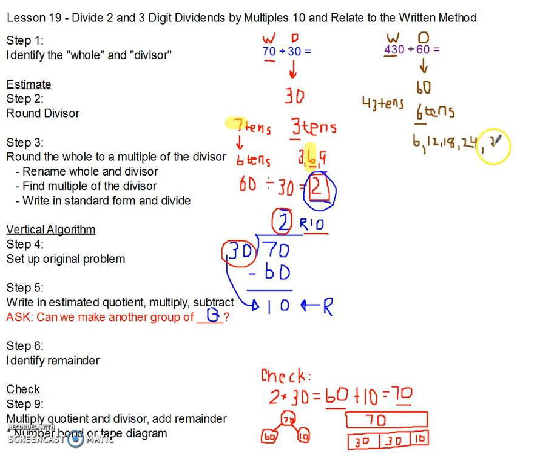So then we have 30, 36, and 42. I'm going to stop at 42 because I'm noticing that 42 is really close to 43. So I'm going to round my whole to 42 tens.